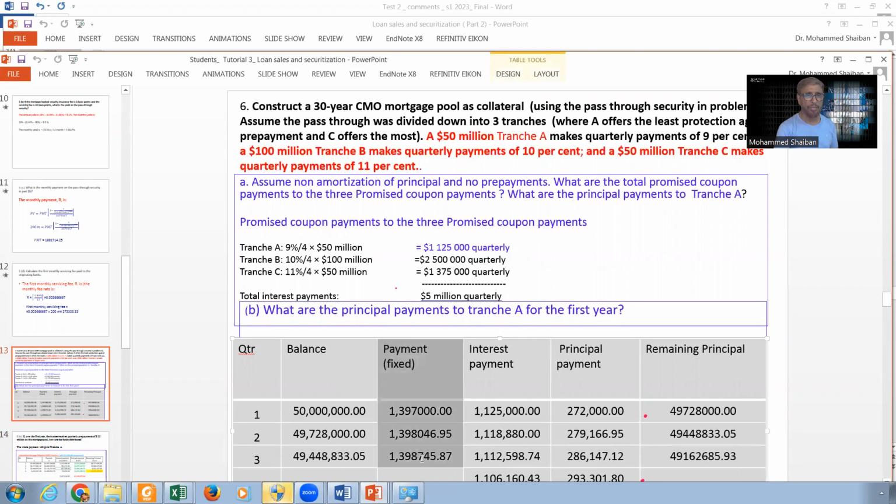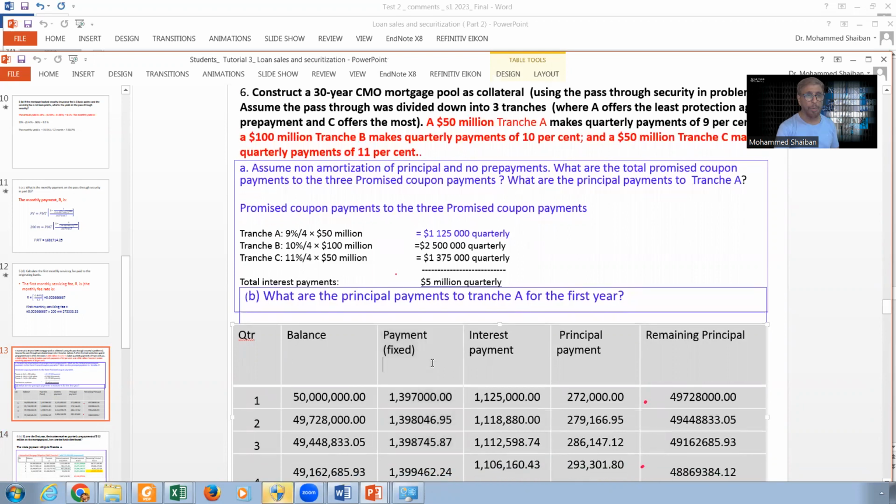We are talking about whether the prepayment is fixed or decreasing. Because of these differences, I am not going to test you on the calculation of the CMO. So please ignore it.